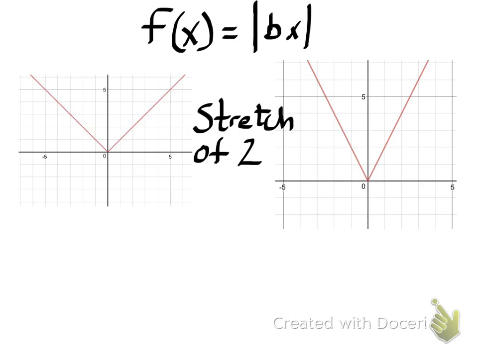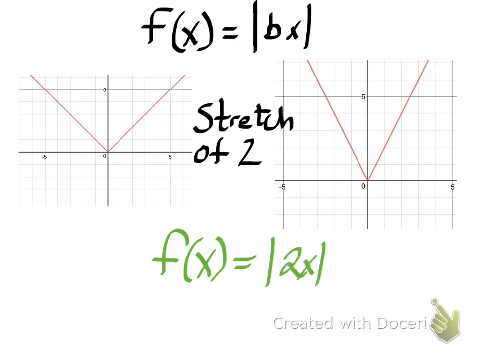Now, the one spot we haven't tried to multiply yet is inside the absolute value. This time we see a stretch of 2. Another way we could have this stretch is on the inside of the absolute value. And so we could see f(x) = |2x|.